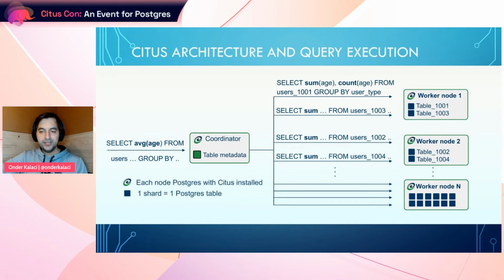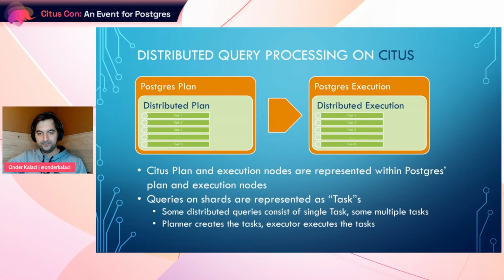And on the workers, there are shards, which are just regular Postgres tables, and the metadata keeps track of which shard is on which node, and which data fragment is on which shard. Depending on that, the planner tries to come up with the optimal plans, which I will describe later.